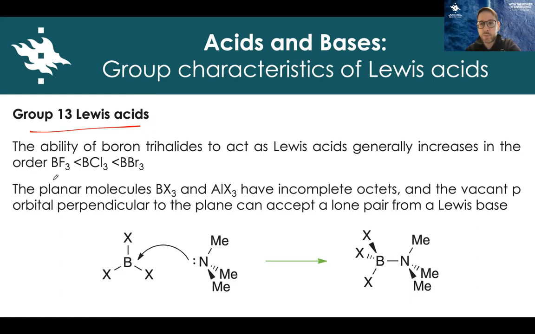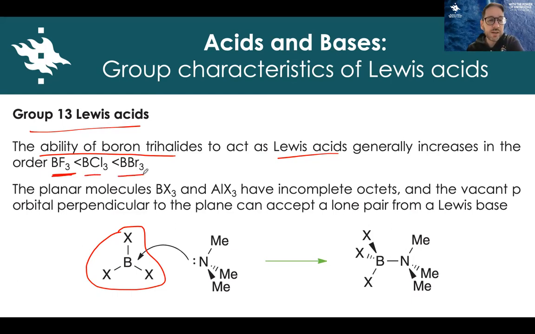So when talking about boron, the ability of these boron 3 halides, which is an important class of compounds for this group of Lewis acids, to act as Lewis acids generally increases in the order that fluorine has a smaller tendency to act as a Lewis acid than chlorine, and that is smaller than the tendency of the bromides.